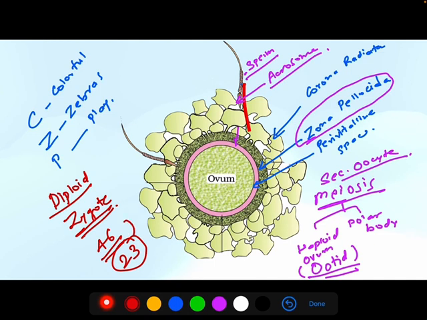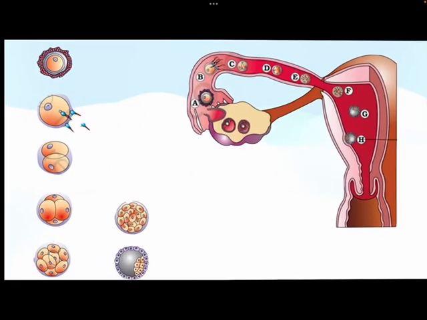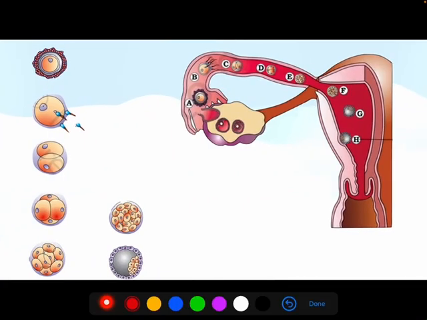Now let us move ahead. Once this zygote is formed, as we saw, this is the region where fertilization occurs.